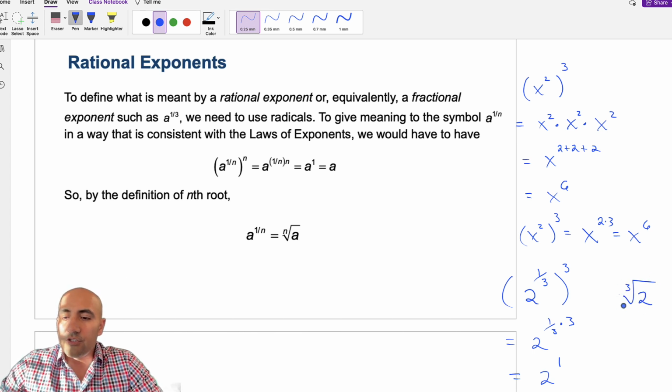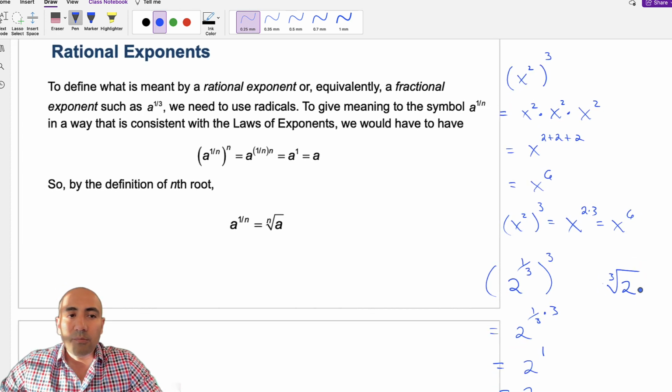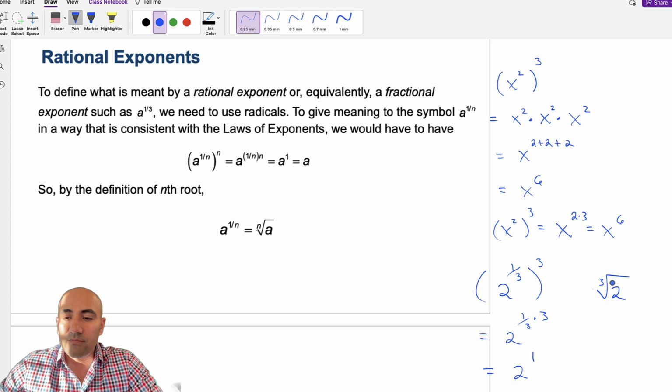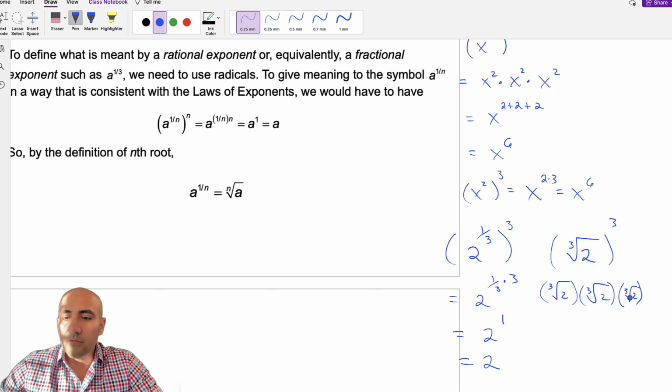Good. Okay, well, if you think about what that means, that's exactly what the cube root of 2 is. The cube root of 2 represents some decimal, so that when you multiply it by itself 3 times, the answer is going to be 2, right? If we have this, then the cube root of 2 times the cube root of 2 times the cube root of 2, these three things just multiply to give you a 2.